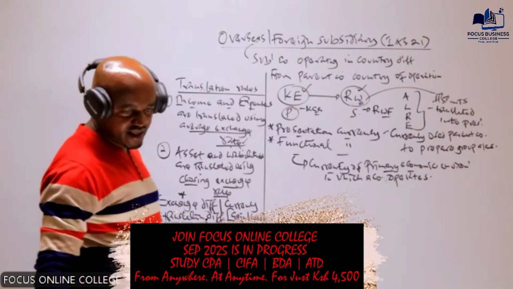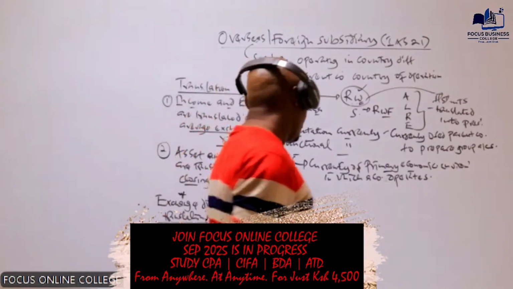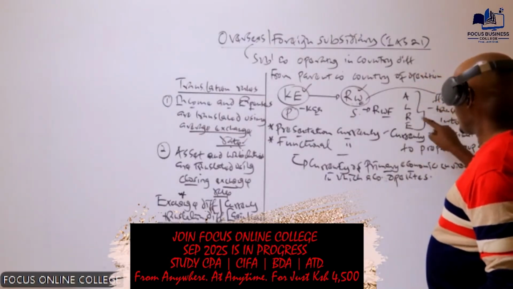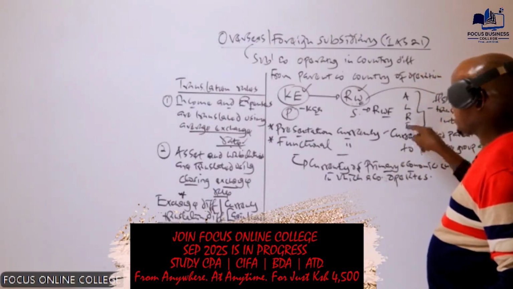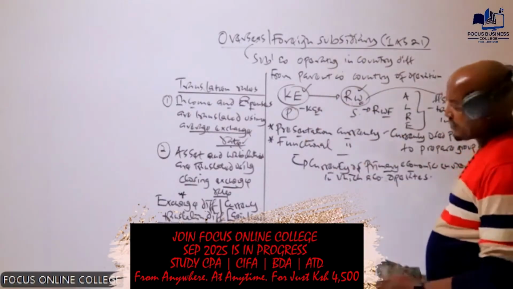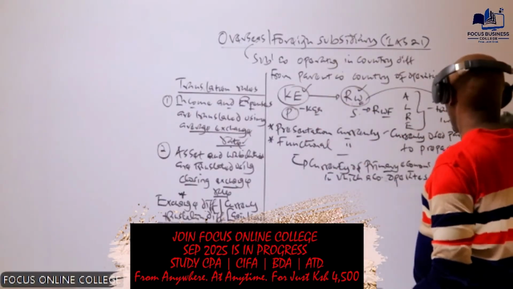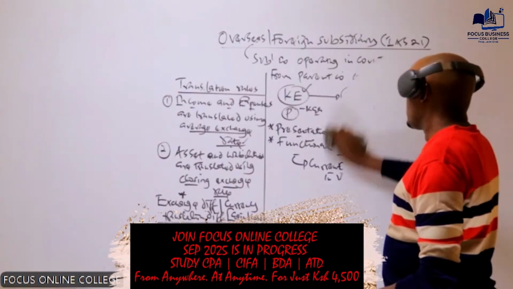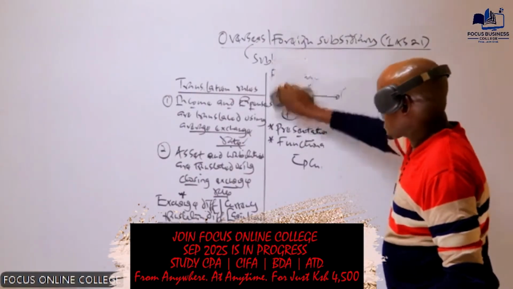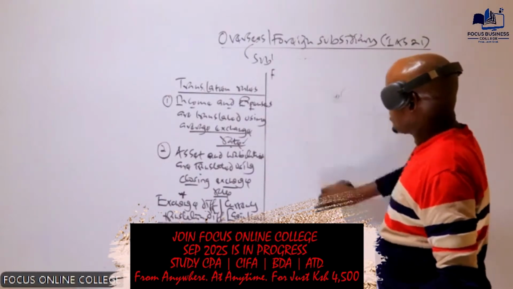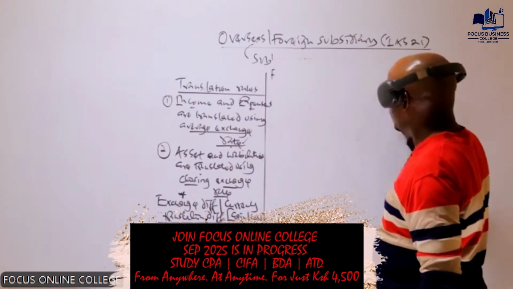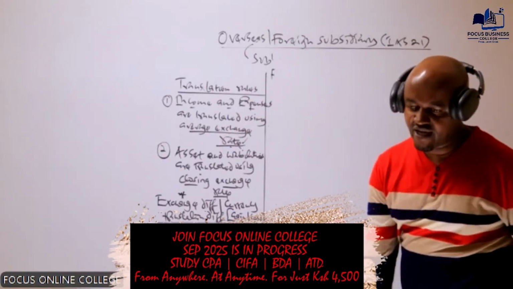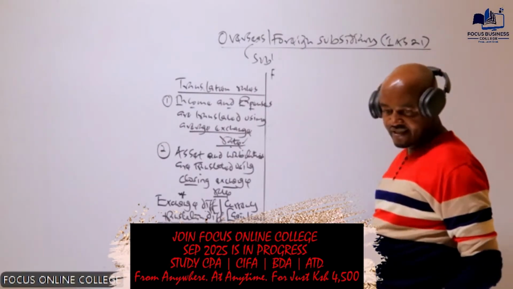So we are saying that this currency translation difference, which arises as a result of translating the items of assets, liabilities, revenue, and expenses into presentation currency, basically arises from the translation of those three items. I want us to look at how we determine this currency translation difference, which arises from translation of those three items: the goodwill, profit for the year, and the opening net assets of the subsidiary.